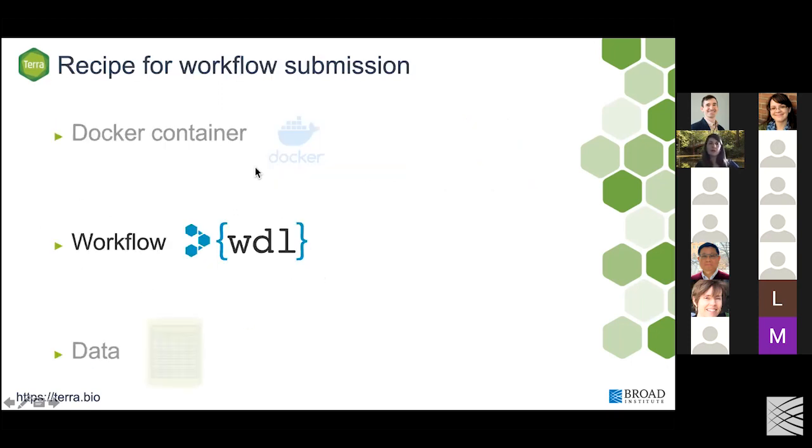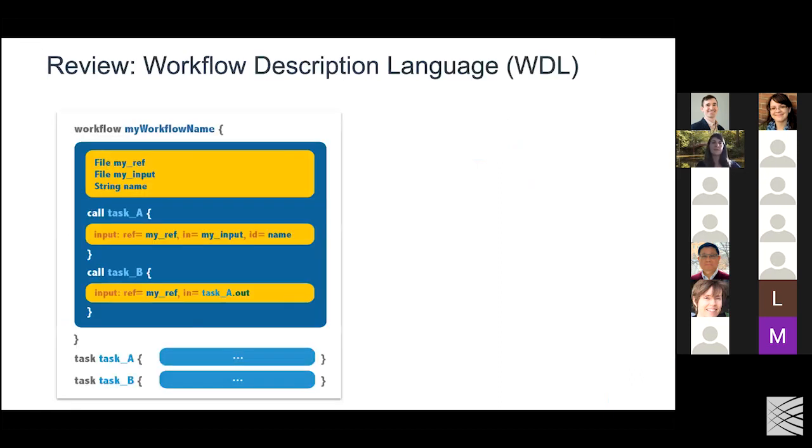What about your workflow? What actually is a WDL script? What does it look like? We're going to get a little practice looking at these and getting hands-on with this. Basically, a WDL script has 2 main parts to it. It has a workflow definition and it has tasks. In the workflow definition, you'll notice that it calls inputs.